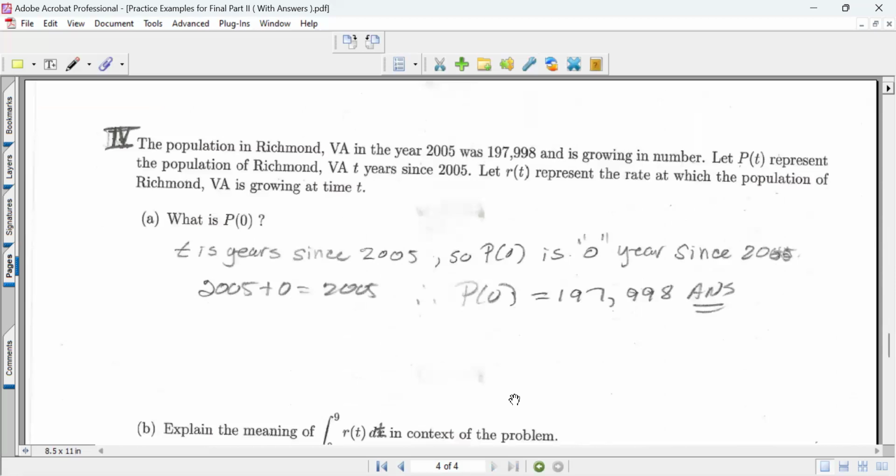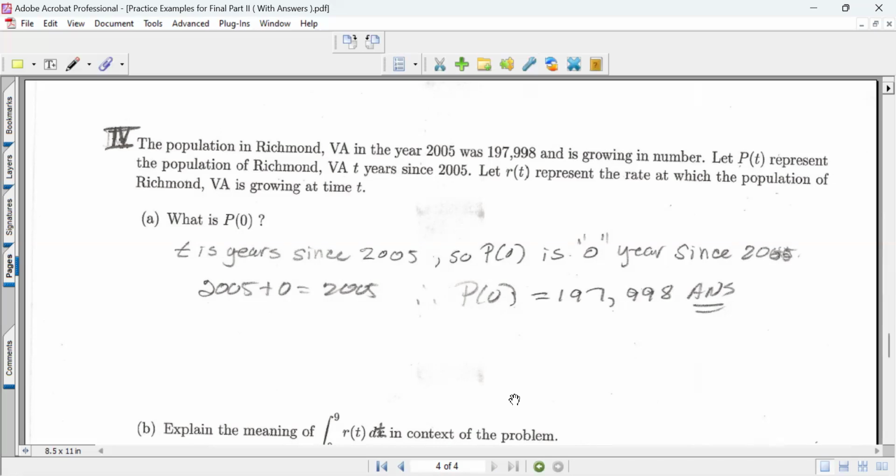And problem number 4: the population in Richmond, Virginia in 2005 was 197,998. P of t represents the population at the year t, with t the number of years since 2005. So t of 0 would be 2005, t of 1 would be 2006, and so on.